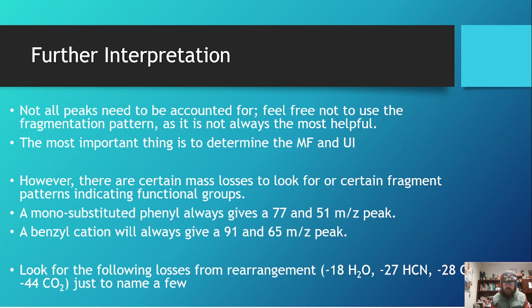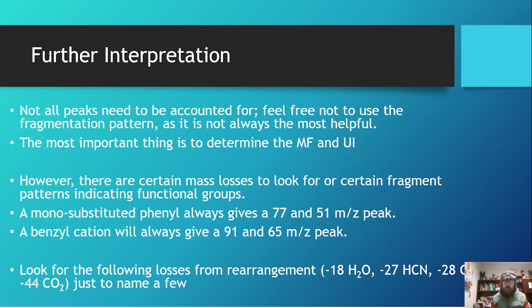If you have a benzyl, which is a benzene connected with a carbon, directly to a carbon, you always get a 91 peak and a 65 peak. So if you see those 2 peaks, and you have an unsaturation index of 4, which would be 3 double bonds and a ring, you know you have this functional group there.